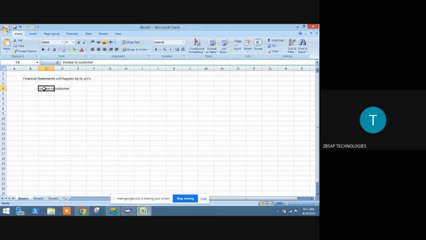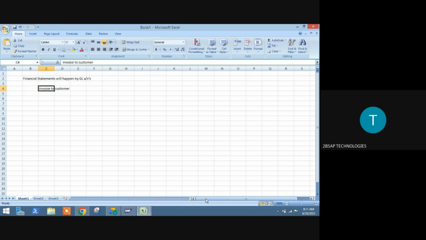In general ledger, you are using a GL account. In customers, you are going to use the customer account, customer master data, so that if you have a transaction against each customer, you are able to see the reports customer-wise.